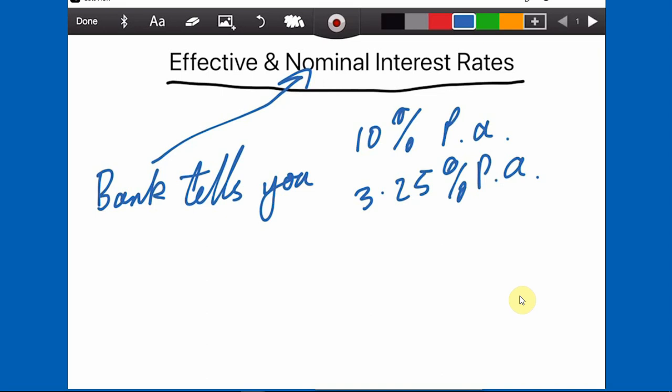So that's the nominal interest rate. Now, depending on what the compounding is over a year, you may actually earn more than 10% of what you put in the first place.